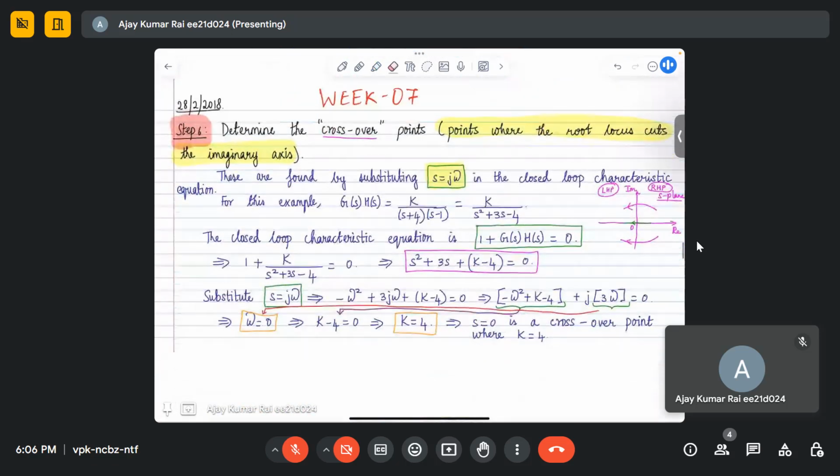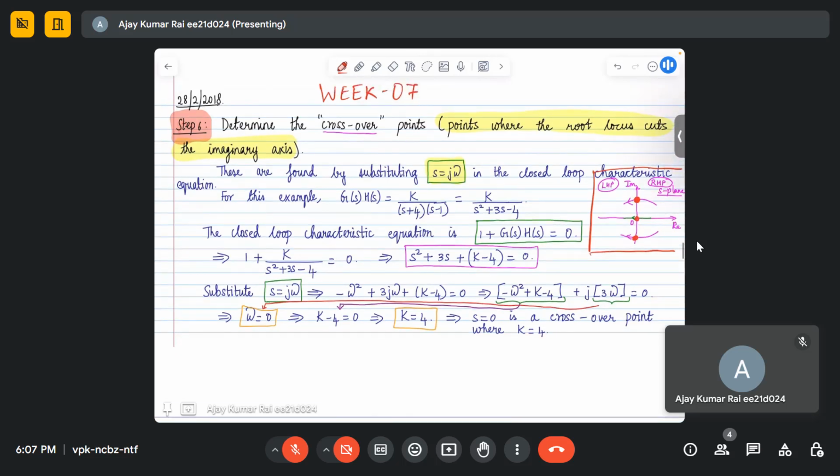In this week we also studied the crossover point. What is the crossover point? It is the point where the root locus cuts the imaginary axis. Very simple. In this example, the root locus can cut the imaginary axis at any point, and it can also cut at the origin. How to calculate that?